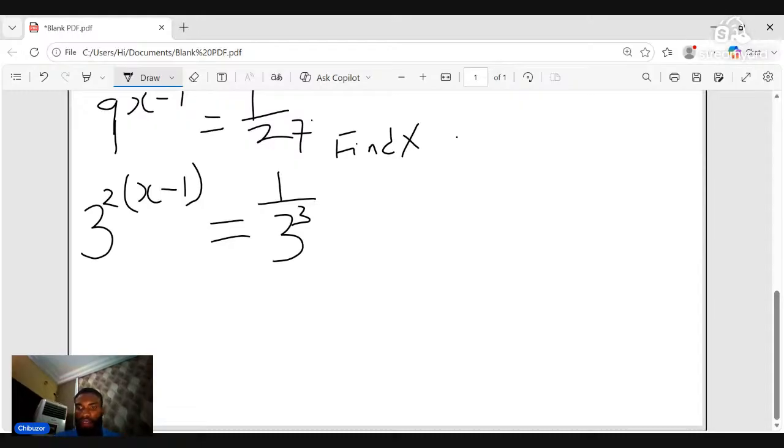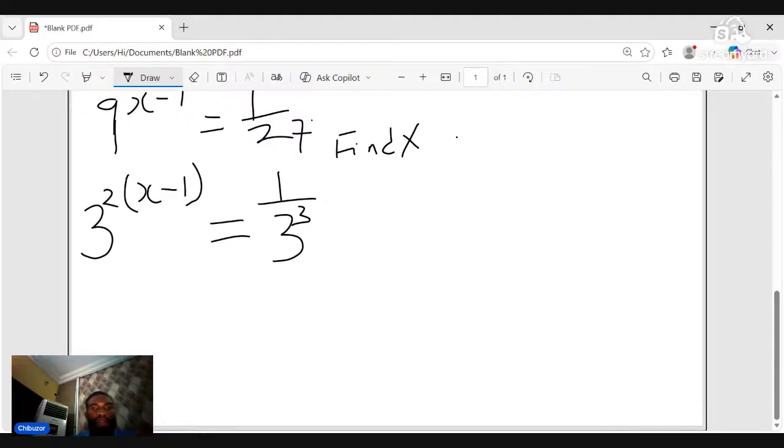Do you understand it until this stage? Okay, good. Since we have it to this stage, you already have experience of the laws of indices.